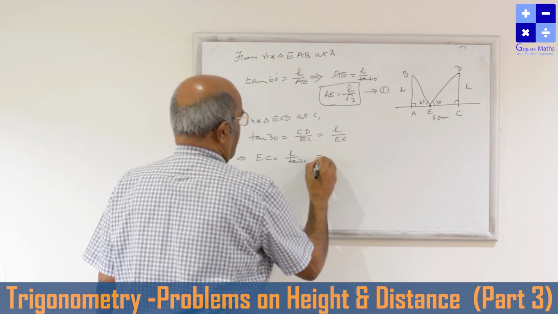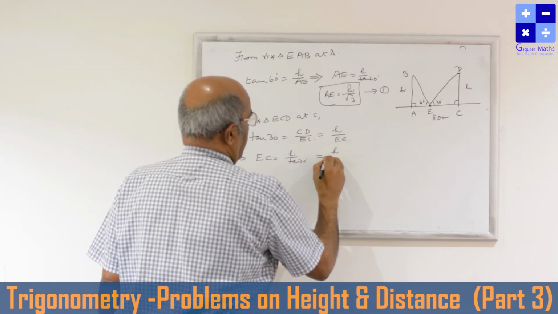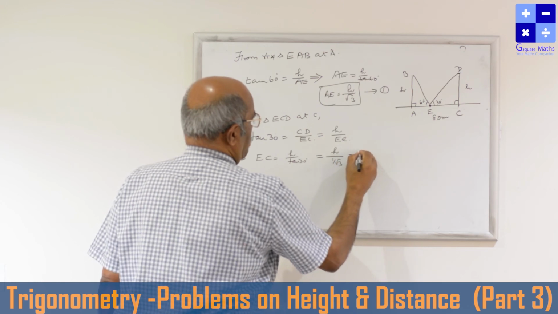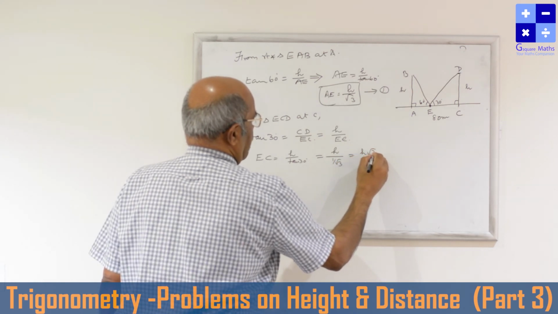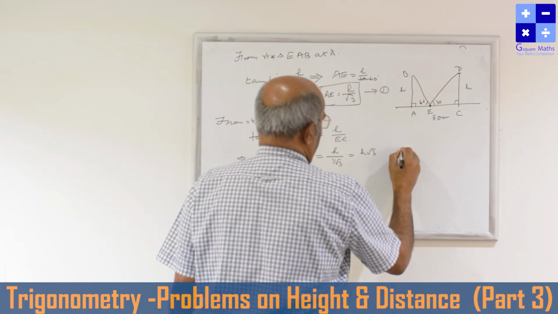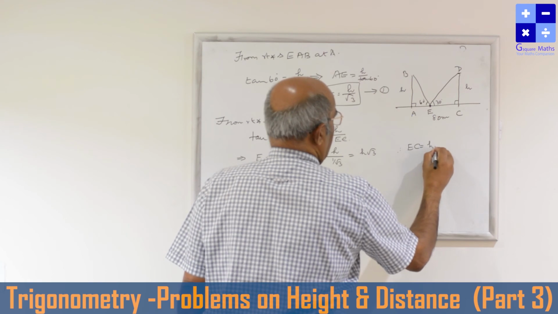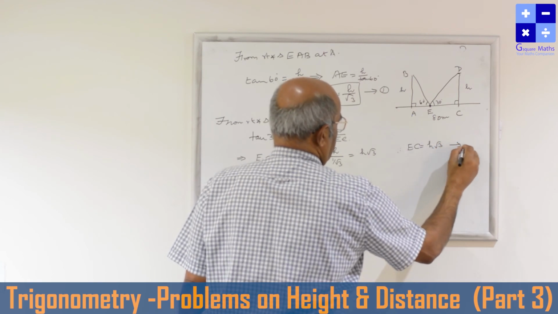That is H by 1 by root 3, that is equal to H root 3. Therefore, EC is equal to H root 3. This is equation 2.